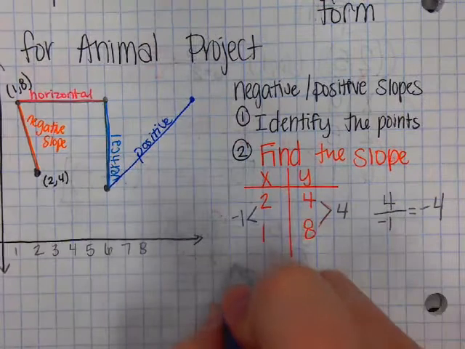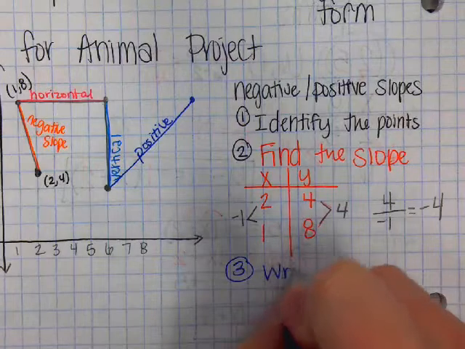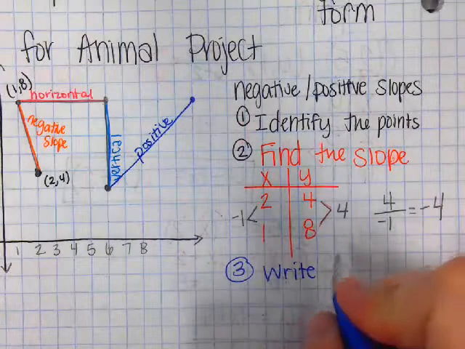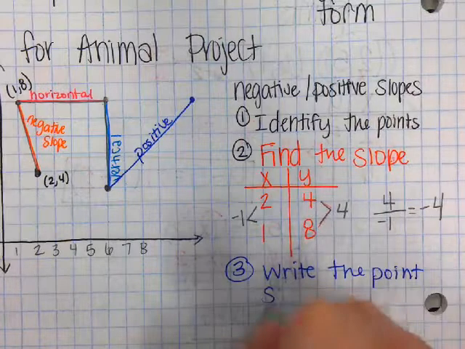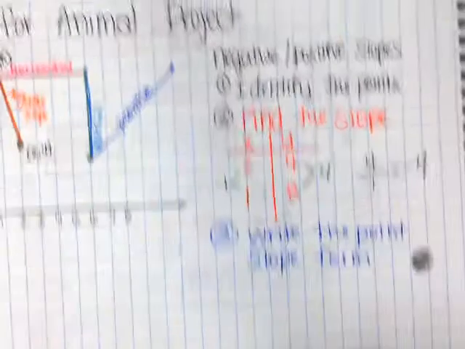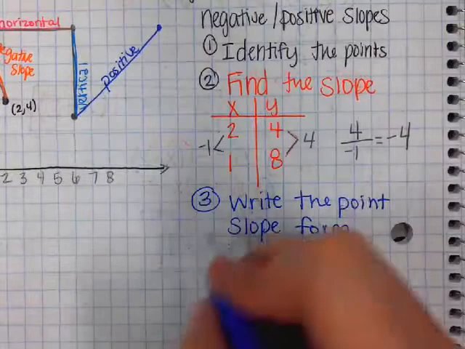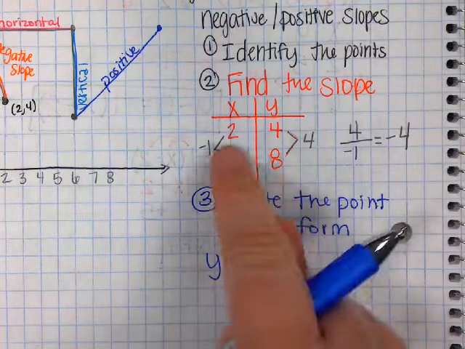Okay, step 3. You're going to write a point slope form. So it would be y minus the y coordinate.